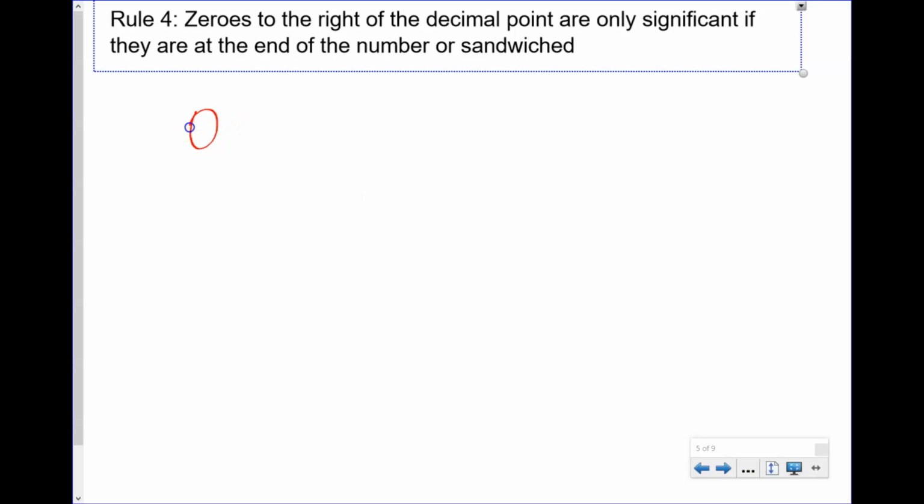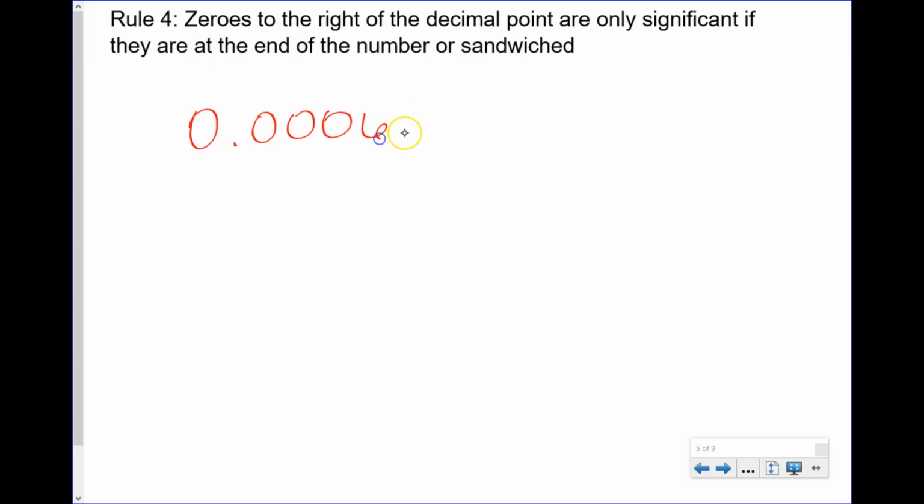If I have 0.00064, okay, and obviously the zeros are the ones that are in question. I know the 6 and the 4 are significant, but if I look at these zeros here, although they are to the right of the decimal point, they are not at the end of the number. They're not out here, so they're not considered significant.